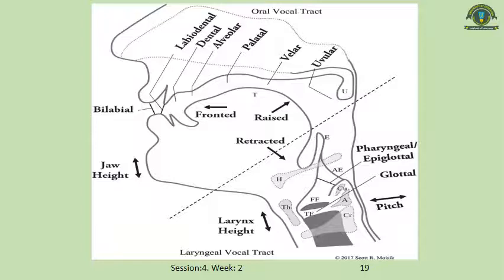I told you in the previous slide that there are at least four parts of the tongue: the tip, the front, then the blade or center of the tongue, and then the back of the tongue. At the same time, you can see that our jaws are also working all the time.